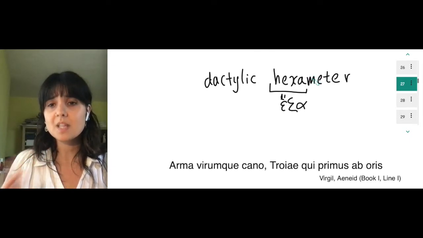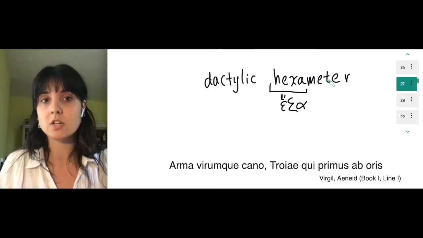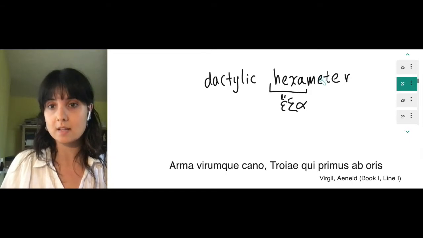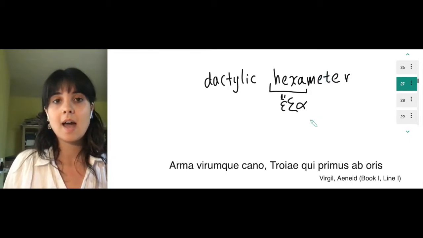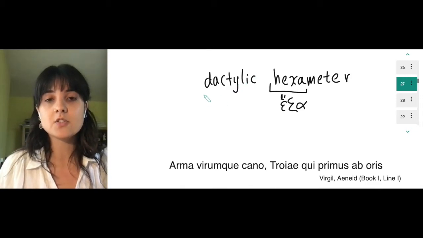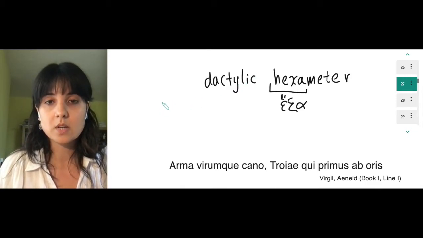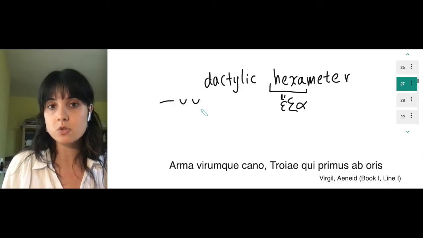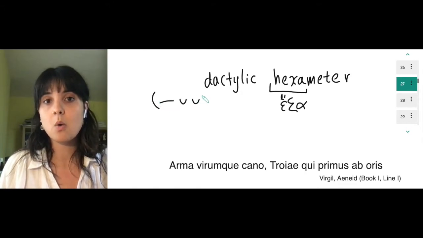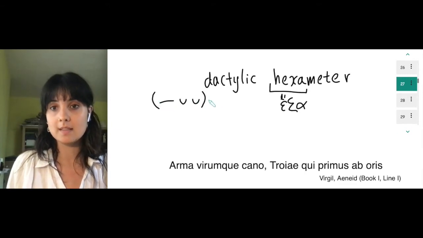So each foot is a specific combination of different syllable lengths, so different combinations of longs and shorts. And dactylic refers to the dactyl, which is a long, a short, and a short. So a long syllable followed by 2 shorts, which forms 1 foot in the line.